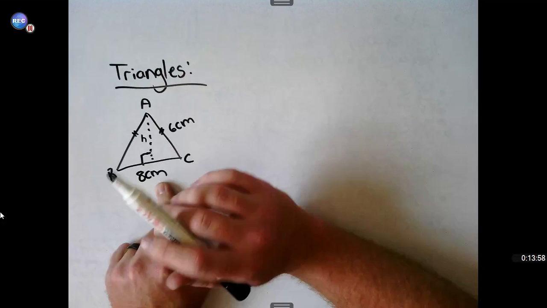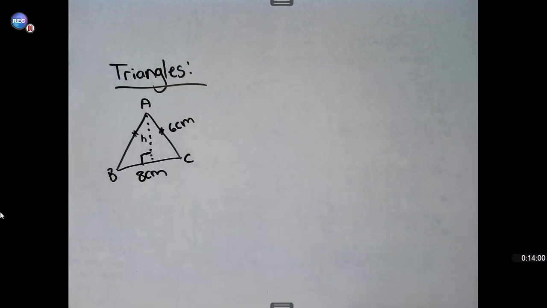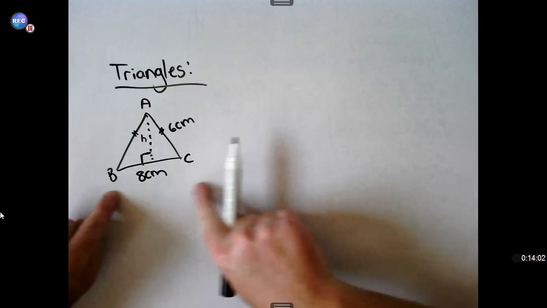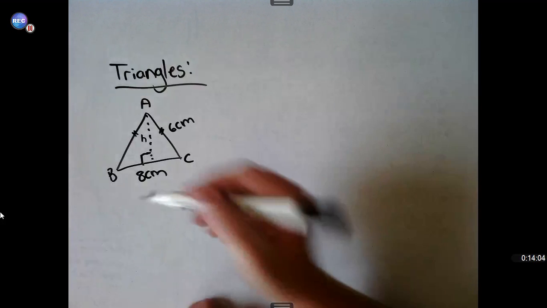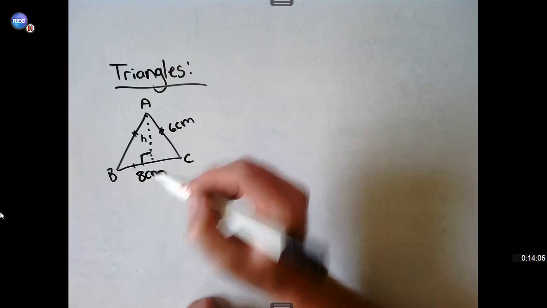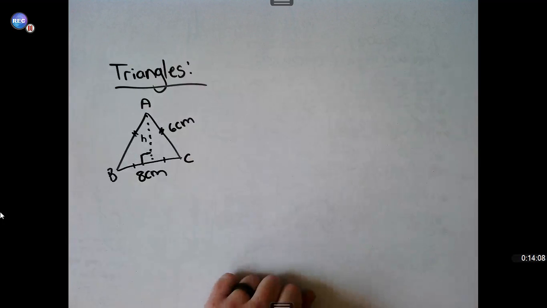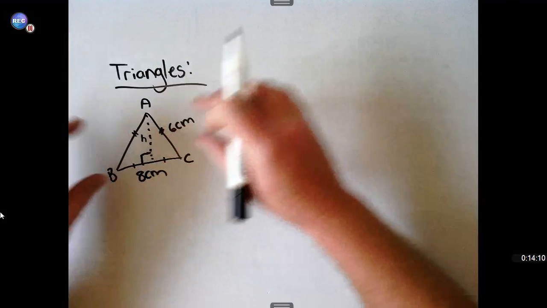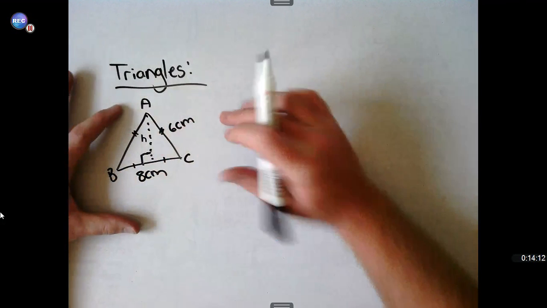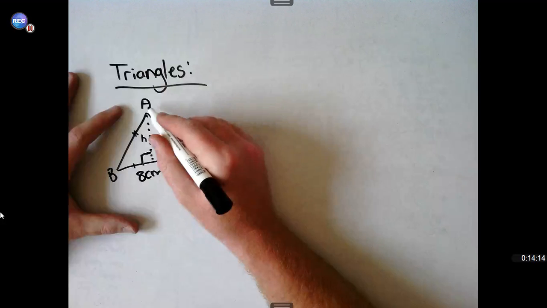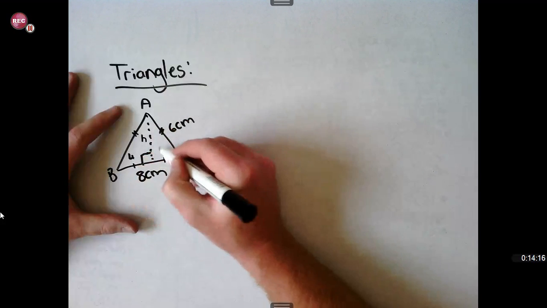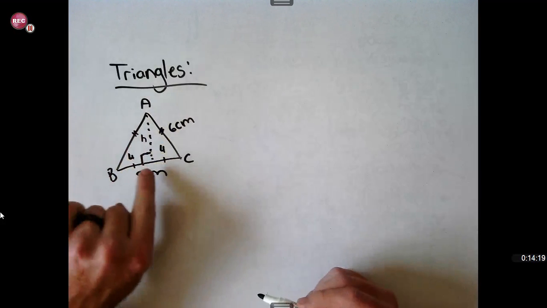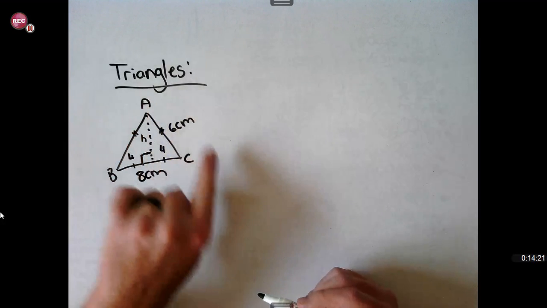So, the other thing that you need to understand is that if the total length of BC is 8, then this side over here and this side over here should be equal if you split it up into two right angle triangles. So, when calculating the height, you would work with 4, because you're only working with 1/2 of the triangle.